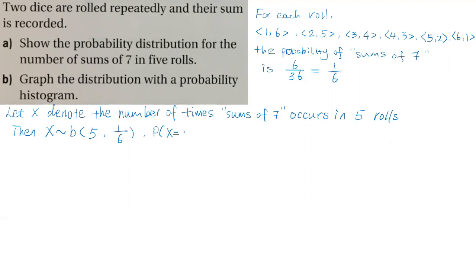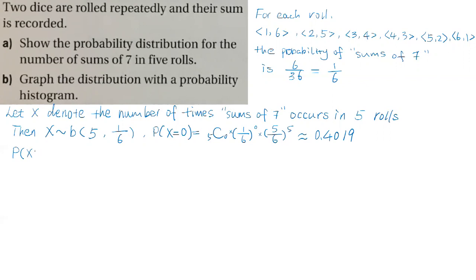The first one is x being 0, which is C(5,0) times 1/6 to the 0 times 5/6 to the 5, which is 0.4019.